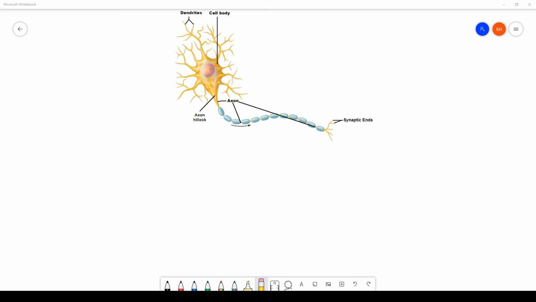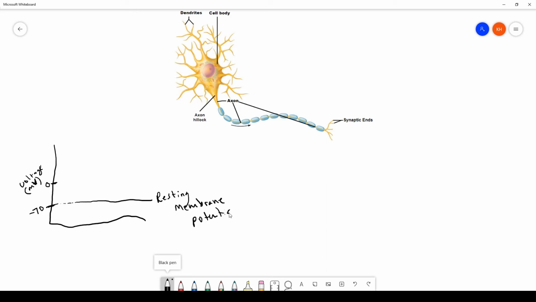So let's take a look at all of this on a graph. On my y-axis, I have voltage, and in the case of neurons, we're talking about millivolts. Now, 0 would occur approximately right here, and then resting membrane potential is normally around minus 70 millivolts. So this would be our resting membrane potential, and is often abbreviated as RMP.